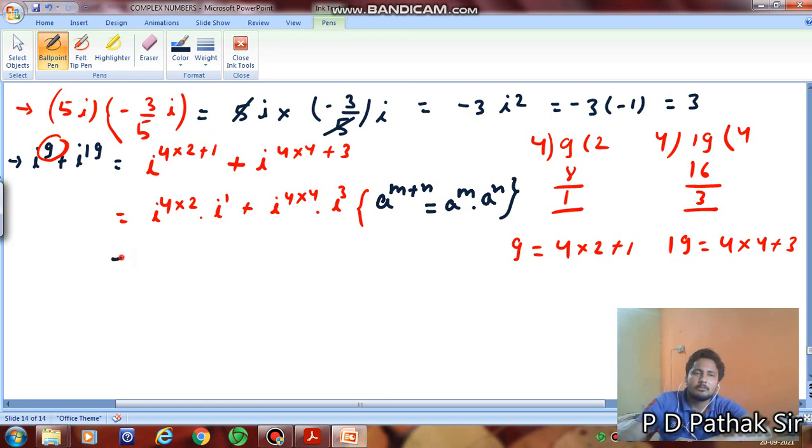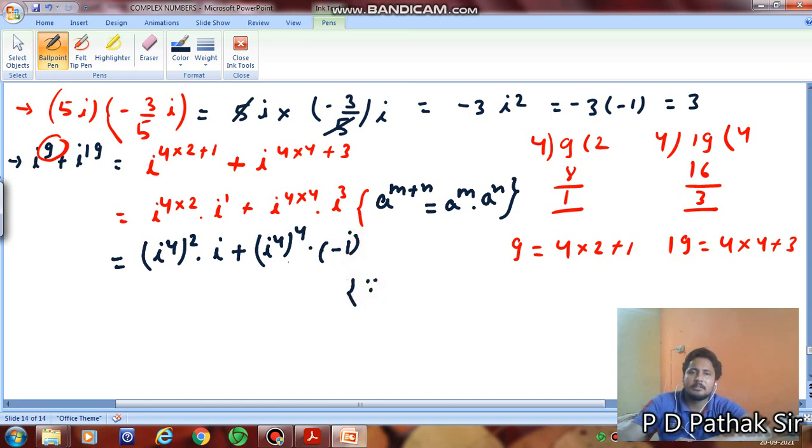Now come to the next step. You can write it as I to the power 4 to the whole power 2 into I, and I to the power 4 to the power 4 into I cube. What is the meaning of I cube? Minus iota. Why? Because a to the power m to the power n means a to the power m into n.